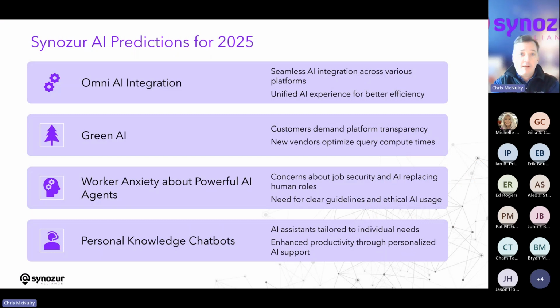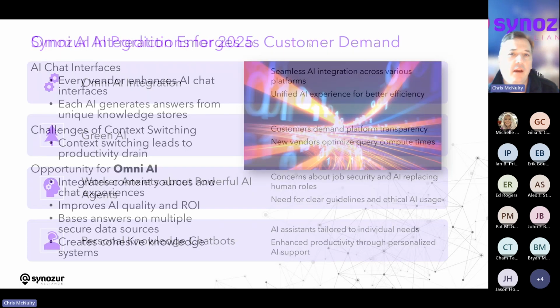We've written about this extensively. We think that there are going to be major changes in the AI world throughout 2025. And just very briefly, to prepare you for this and why getting started with Copilot helps address some of these areas, they are what's called Omni AI integration, green AI, working anxiety, as well as personal chatbots. I'll just speak about each of those in turn.